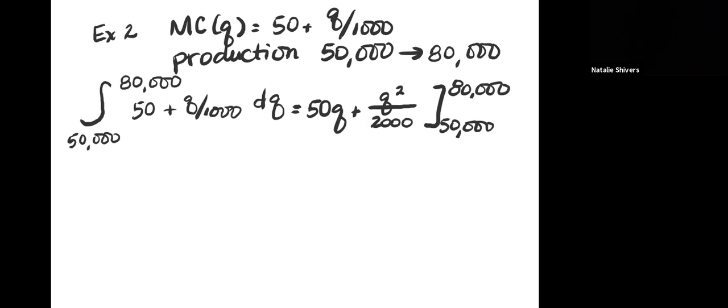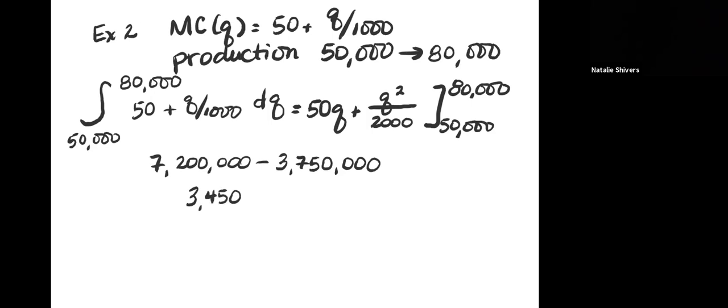Okay, so when I plug 80,000 in, I get 7.2 million. When I plug 50,000 in, I get 3.75 million. To which we get 3.45 million.